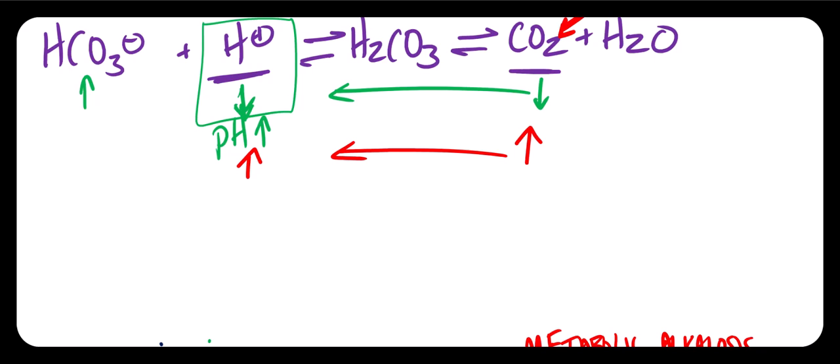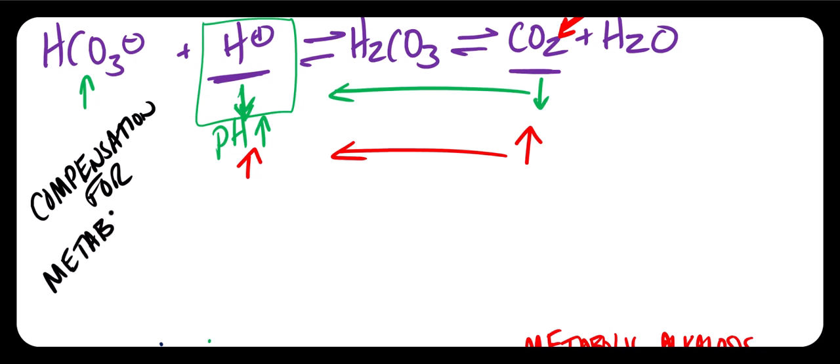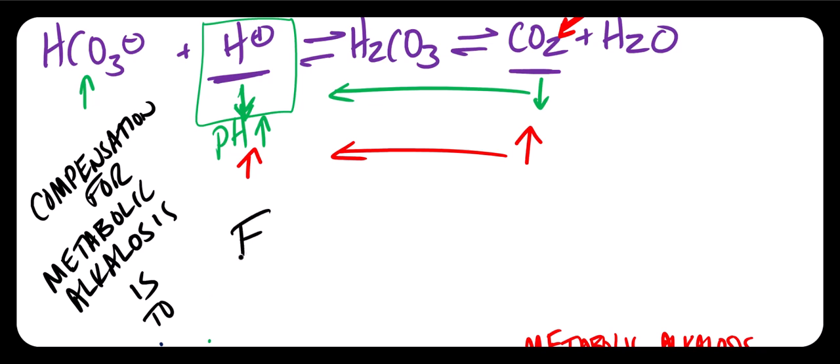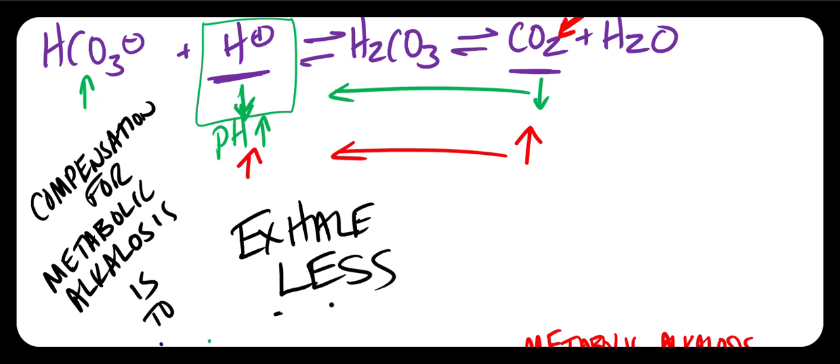So my compensation for metabolic alkalosis is to exhale less carbon dioxide. So I keep some carbon dioxide, exhale less.